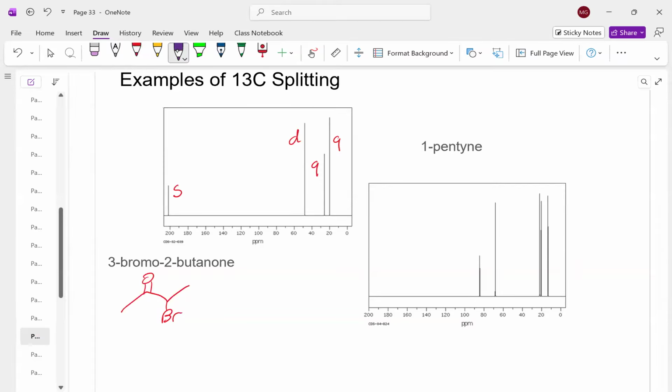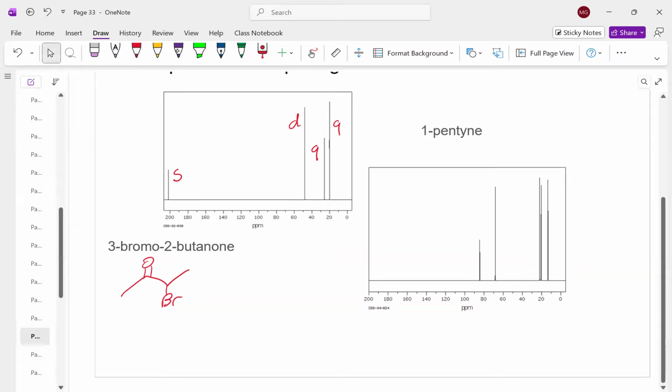If we come down to the structure of 3-bromo-2-butanone, notice that signal at about 200, that is a blatant carbonyl carbon. That's our singlet because it doesn't have any hydrogens on it. The next highest chemical shift would be the carbon with the bromine on it. It has one hydrogen on it, I'll draw it in here, and that's why it shows up as a doublet. And then these two methyl groups are our quartets because they have 3 hydrogens on them.